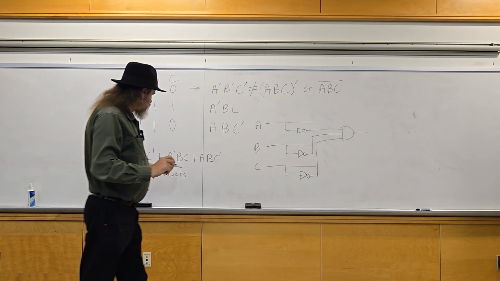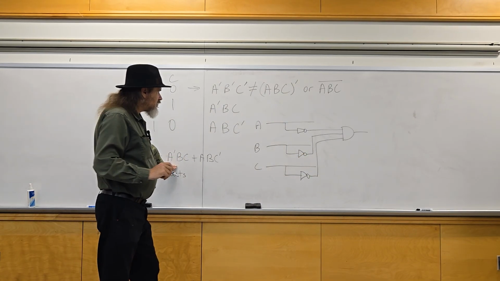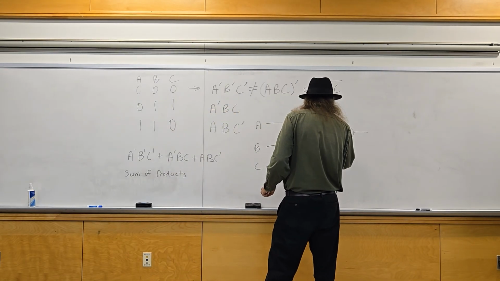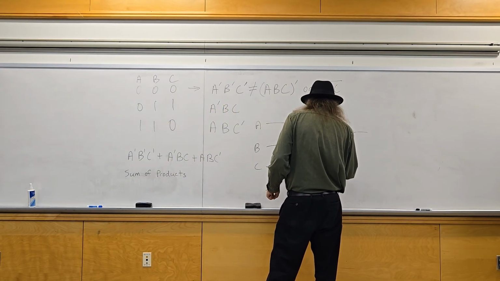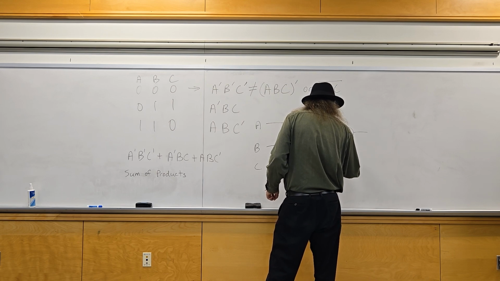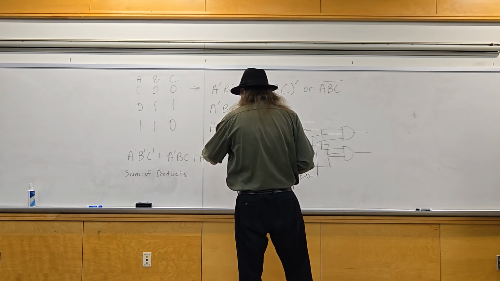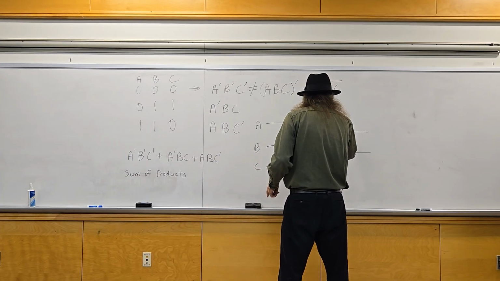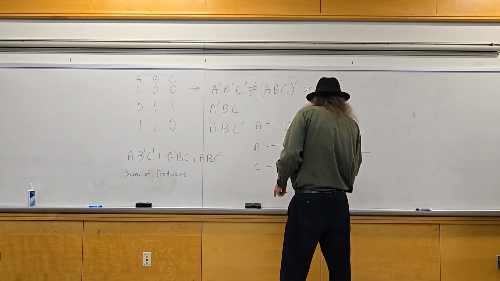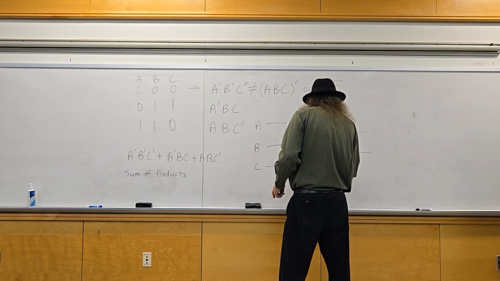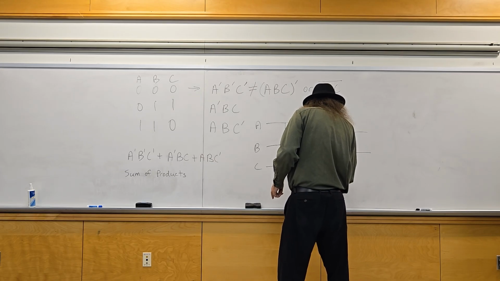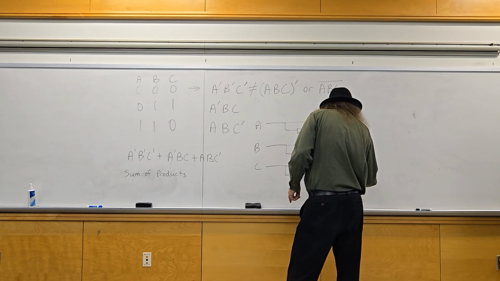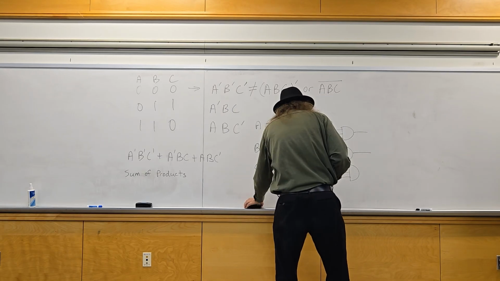For the second AND expression, you would have A naught, B, and C. And finally, the third AND expression, A, B, and C naught.